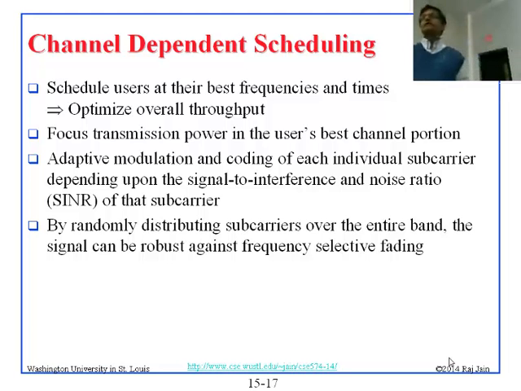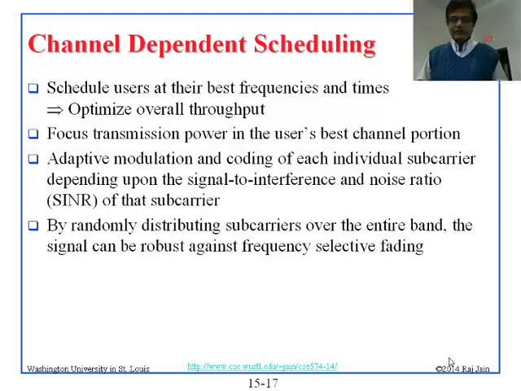Ask the other user, what are you getting best at? Everybody reports their signal to noise ratio, and we give them their best. That way the overall throughput is maximized. Everybody can use a high modulation rate then.